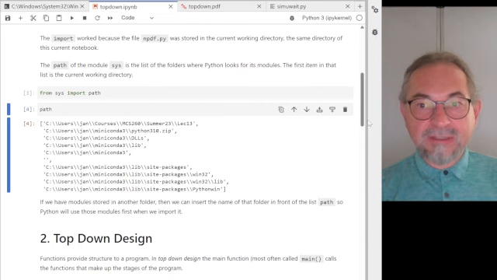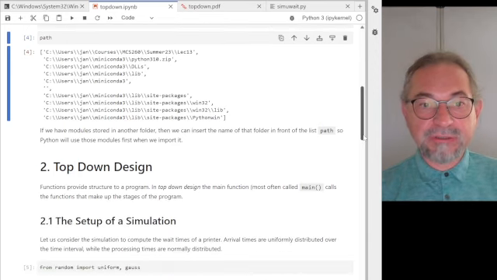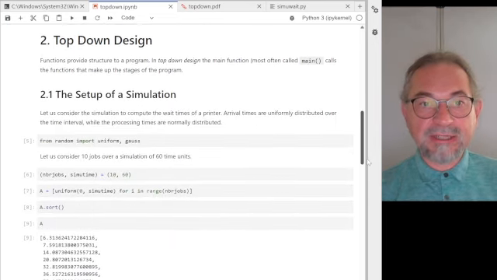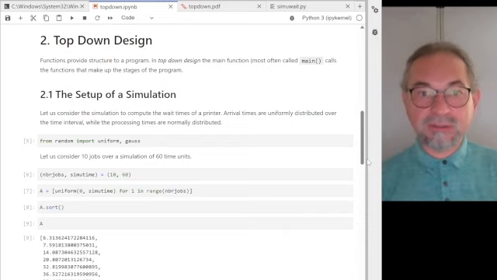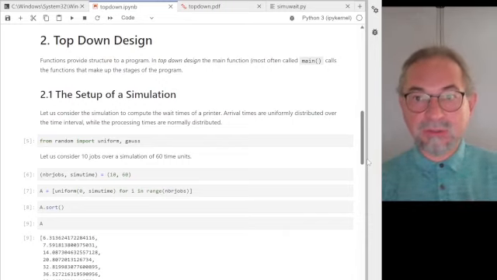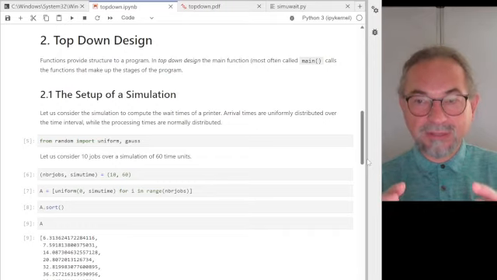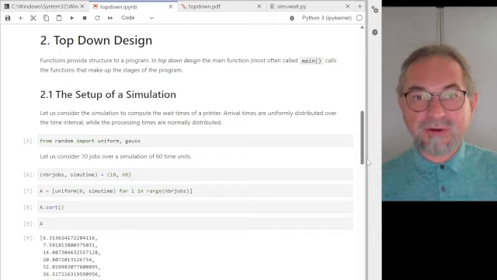All right, the second motivation for functions is that we can experiment, and give a better structure to our programs.